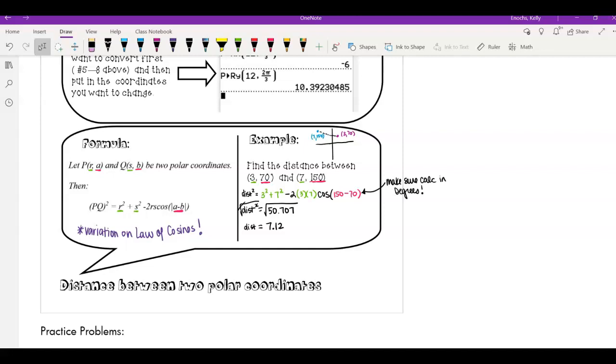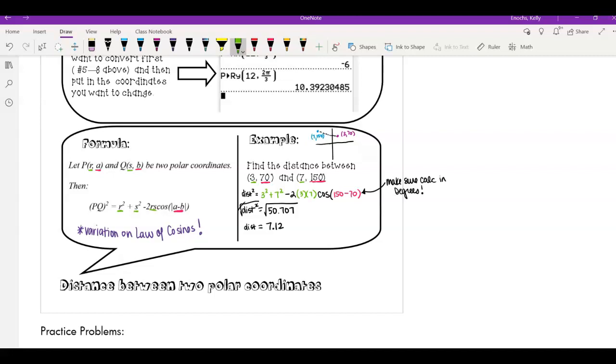So you'll see right there, you're going to take your two R lengths, which would be your R and your S value in this particular problem. And then you'll do minus 2 times RS, and then you'll do times the cosine of the two theta values subtracted. Make sure that that is a positive value, otherwise you won't be able to find the cosine.